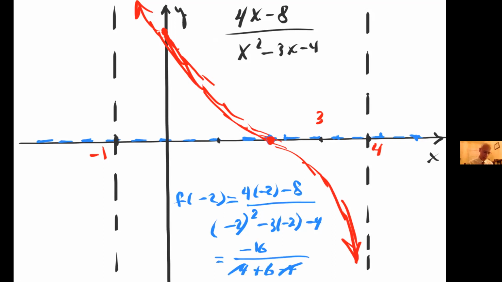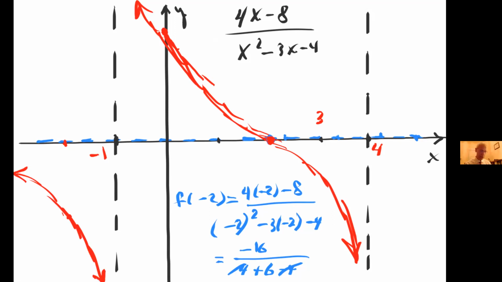So -2 will result at -8/3, somewhere down below in here. And because my graph is gravitating towards the asymptotes, this graph must look like something like that, because it is going towards the asymptote.